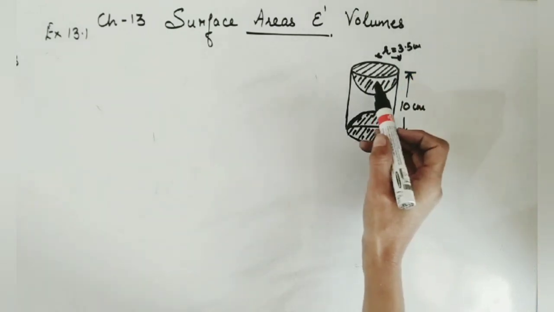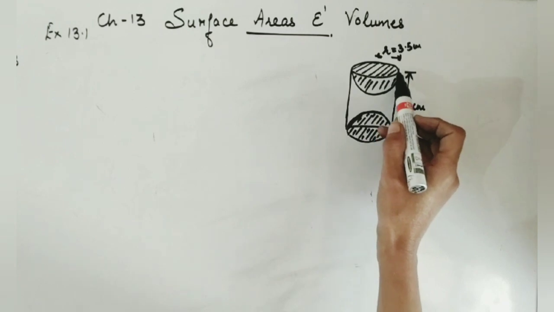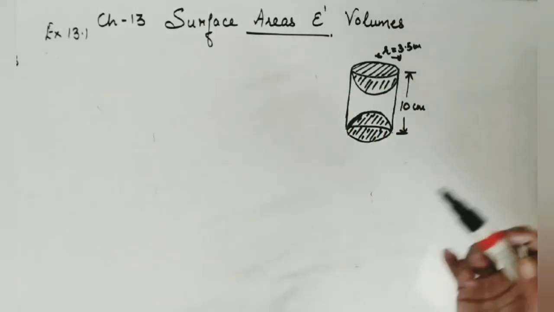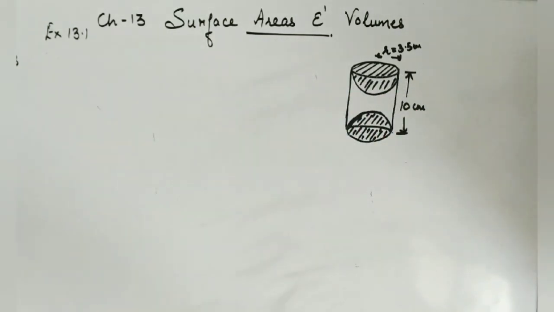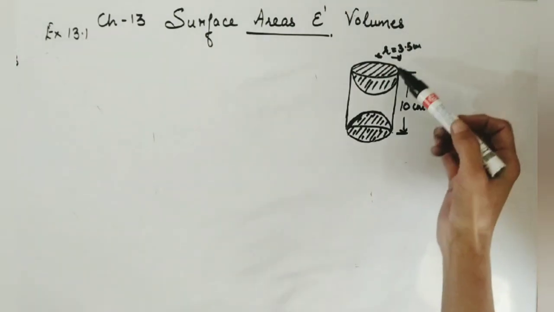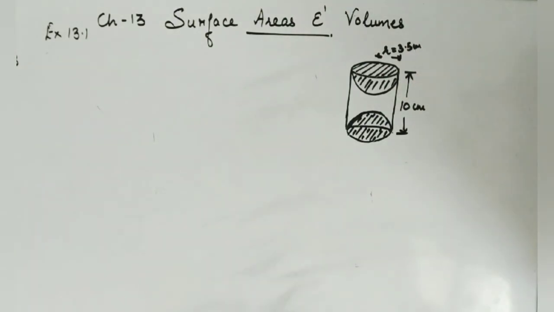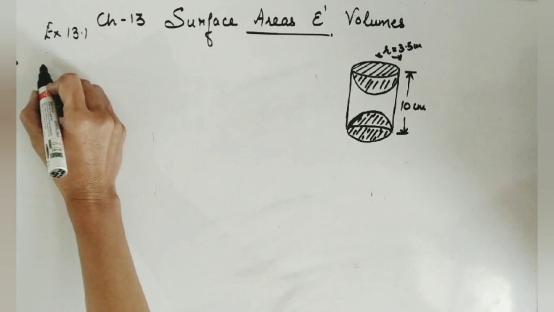Whatever is the base of the cylindrical part would be the base of the hemispherical part. So if the base radius of the cylinder is 3.5, so would be the base radius for the hemispherical part. So their radii are equal.